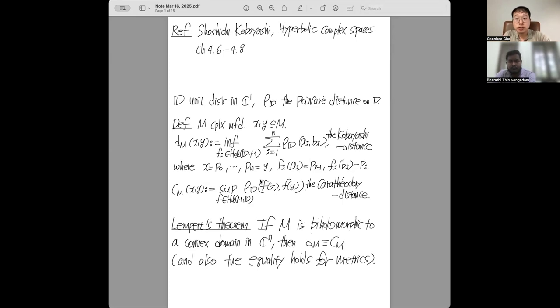I think that question can be refined in the following way. Suppose the Carathéodory and Kobayashi metrics are equivalent on a bounded domain. Then what can one tell? This condition is very strong. If we assume the Carathéodory and Kobayashi metrics are equivalent on a complex manifold, this already requires the existence of non-constant bounded holomorphic functions.